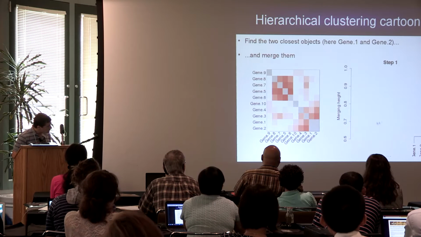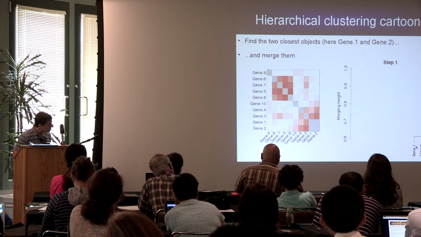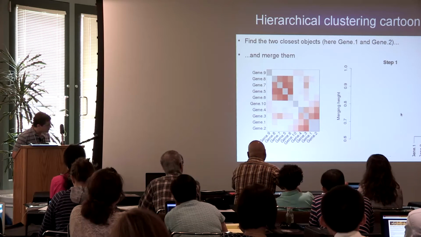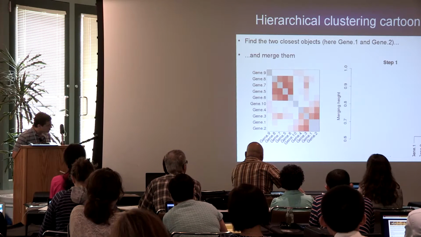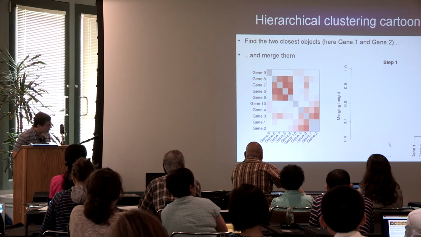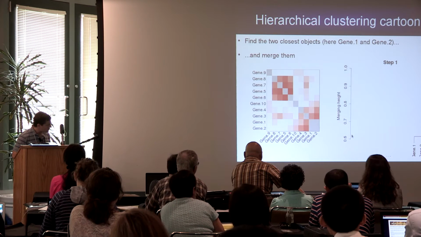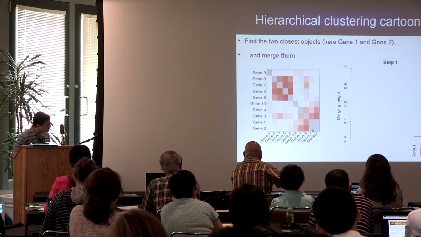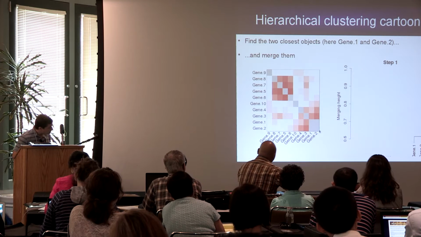I hope the people in the back can still see it, maybe not. So at the bottom of this empty field here, there's a little merge of the 2 objects, and the height, the y-axis level where the merge was drawn, corresponds to the dissimilarity that was in here. And the dissimilarity is grayed out.